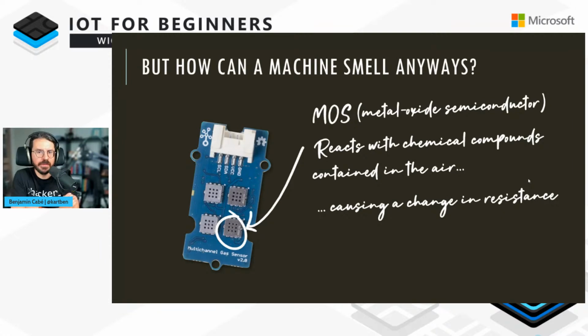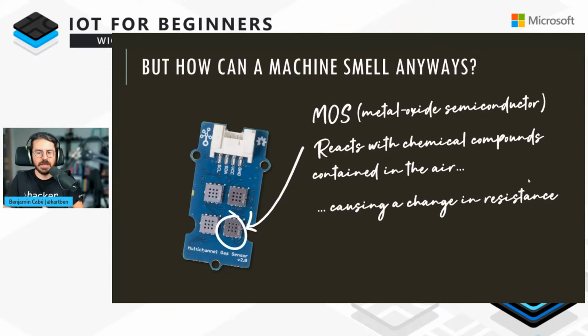But essentially, you have a piece of semiconductor in the sensor, a really, really tiny piece of semiconductor, which is being exposed to a voltage and is powered on. And this piece of metal, being a semiconductor, reacts with chemical compounds in the air, and based on the kind of sensor, whether it is an ethyl alcohol sensor, a CO sensor, etc., it will react with different molecules and atoms in the air, and there will be a chemical reaction where some electrons will be either attracted to the metal or torn apart from the piece of metal.